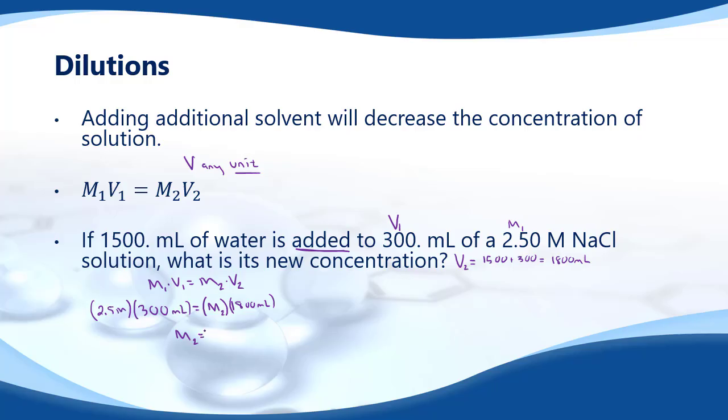So M2 equals, and I'll shortcut a little bit here, milliliters will cancel, so we're going to get 2.5 molar times 300 over 1,800. And that will wind up giving us 0.417 molar. So if we add 1,500 milliliters of water into this solution that we started with, we're going to wind up at 0.417 molar.